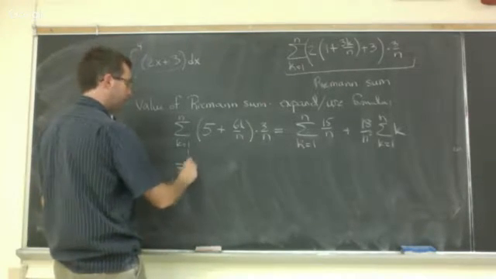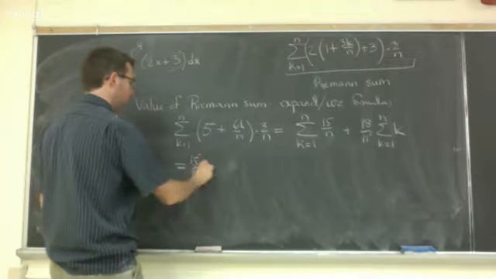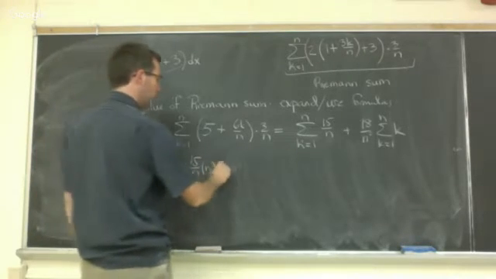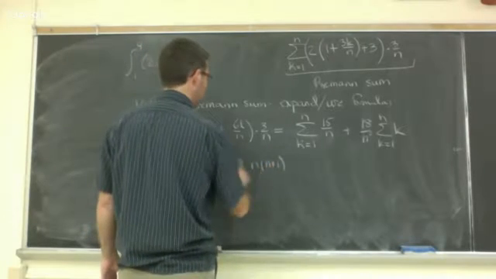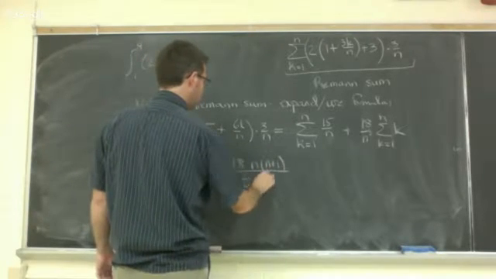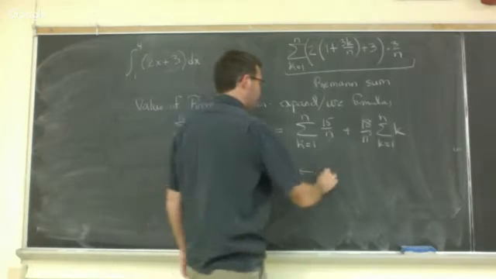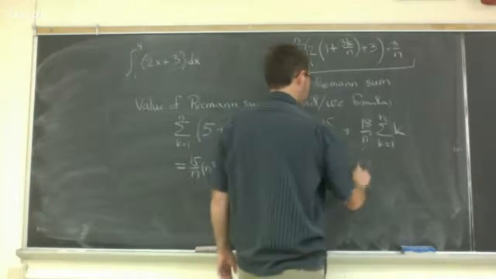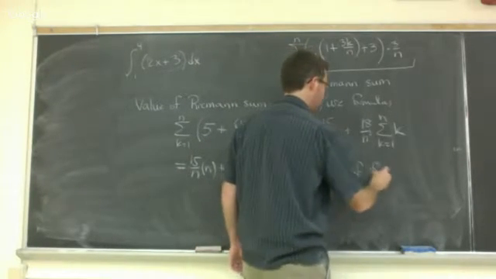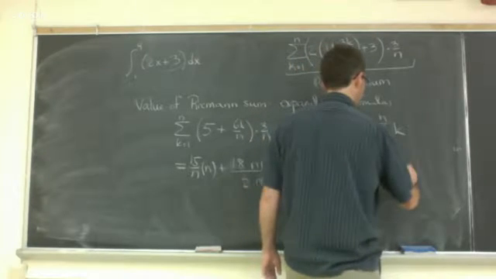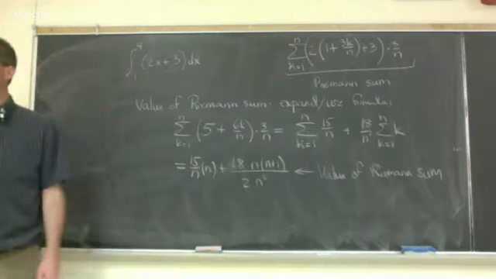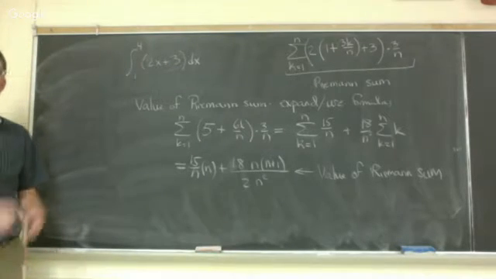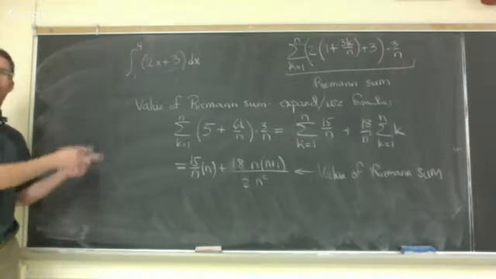So 15 over n times n plus 18 n times n plus 1 over 2n squared. This is the value of the Riemann sum. And the integral would be the limit of this value.